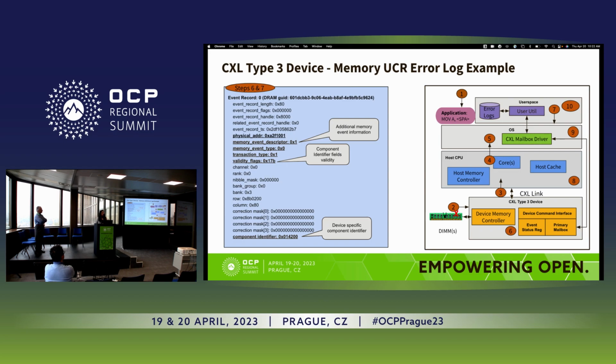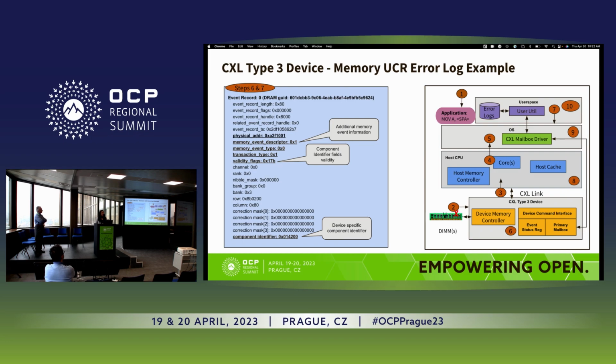That could be your corrective action on the specific address where the event had occurred. Then there is the type of the memory event, whether it was S2M or M2S, depending on the direction in which the event had occurred, for the read or writes, the transaction type, and the validity flag.